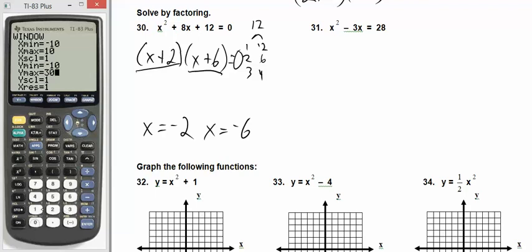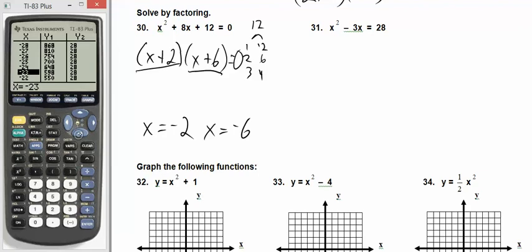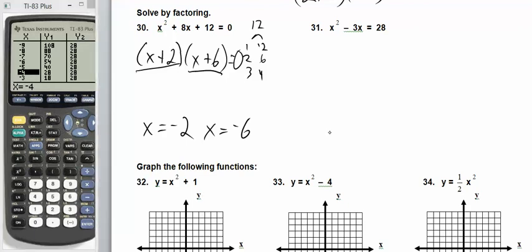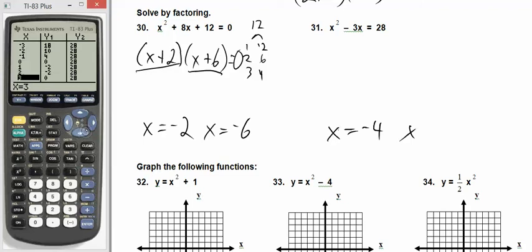We can put y maximum at 30, and we're looking for where they cross there and there. So second table, and let's see if these come out even. I went too far, sorry. There's one of them, -4. And x is equal to, there's the other one, 7.